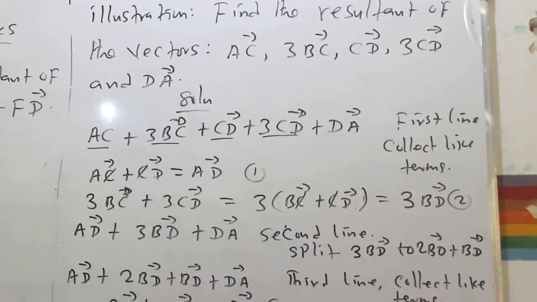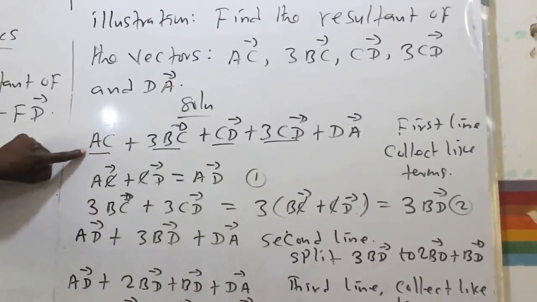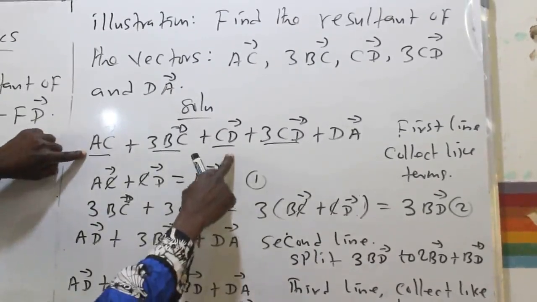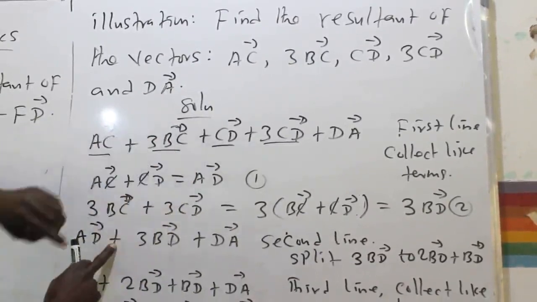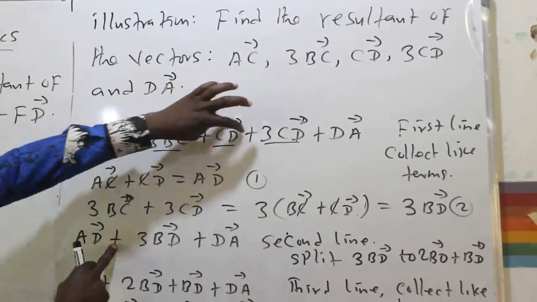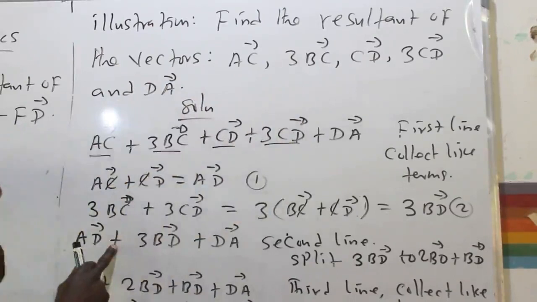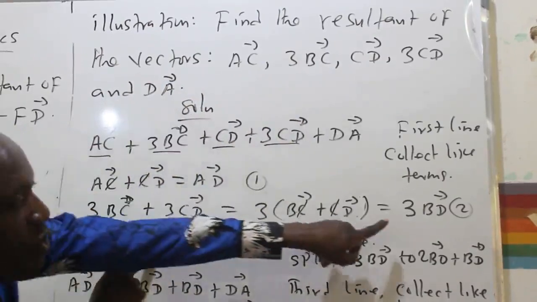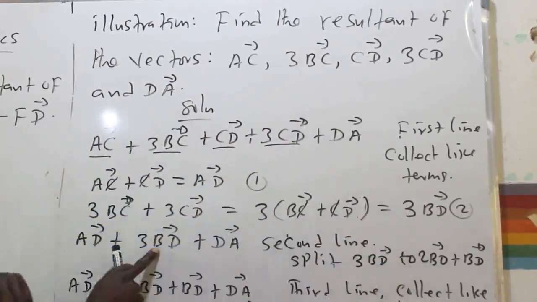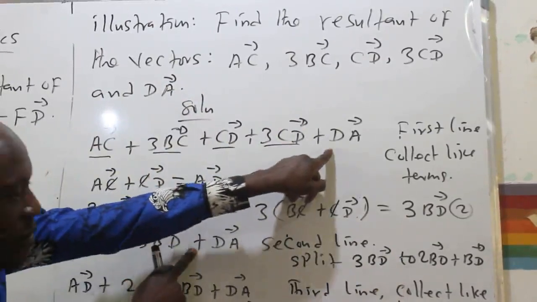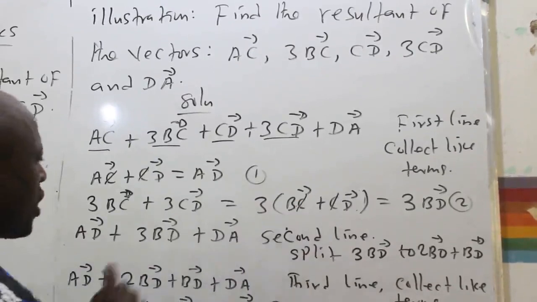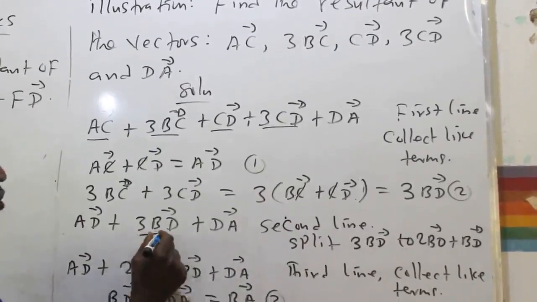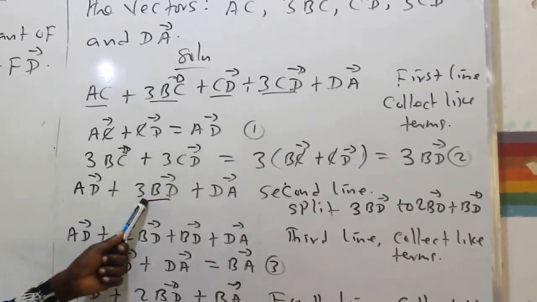Then you come back. In place of AC plus CD, we are going to have AD, and in place of 3BC plus 3CD, we are going to have 3BD, plus DA. This is the second line. In the second line, you split 3BD.